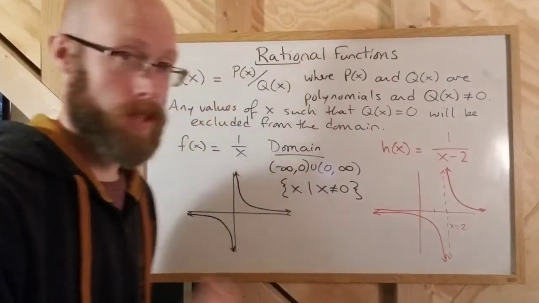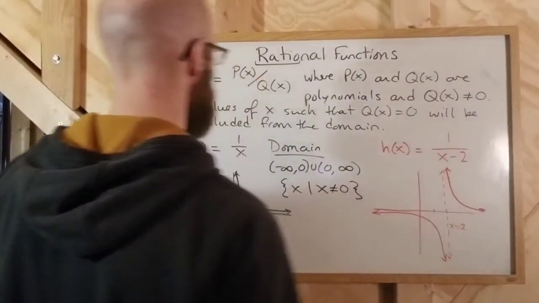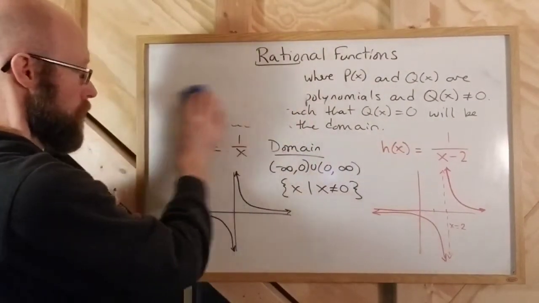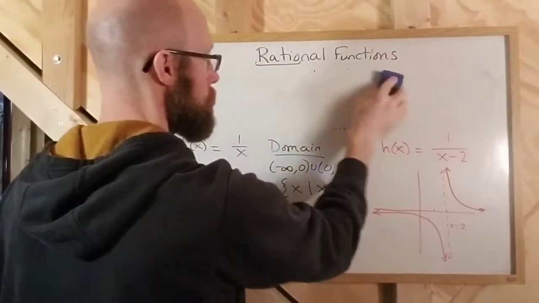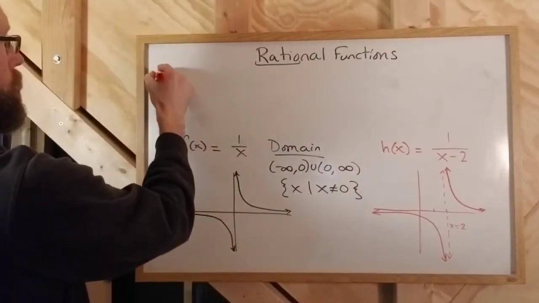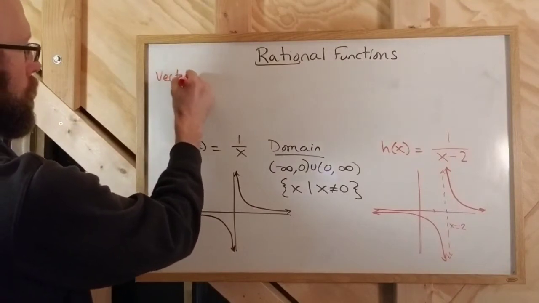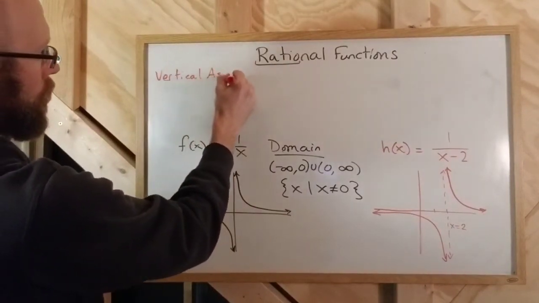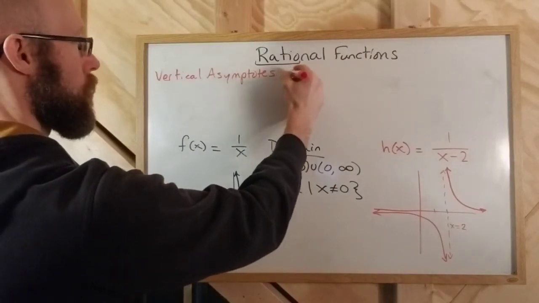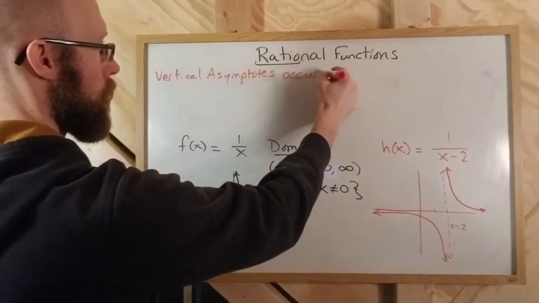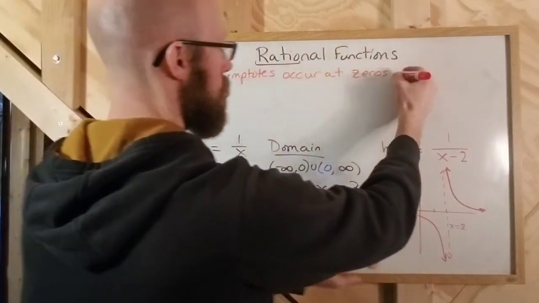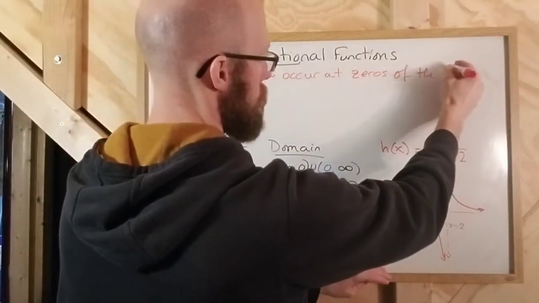Okay, so that's going to be a general rule that I'm going to go ahead and set aside for a moment, so that vertical asymptotes occur at zeros of the denominator.